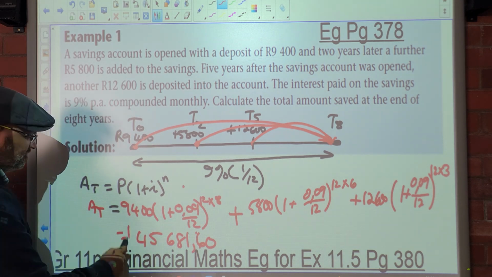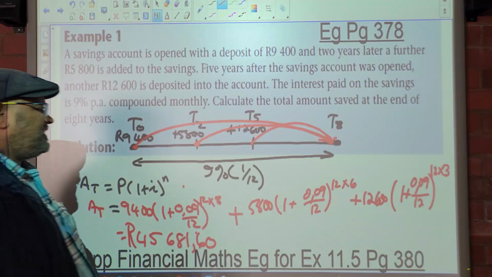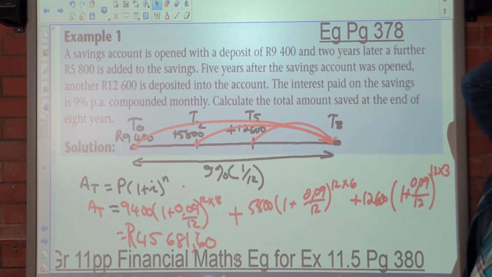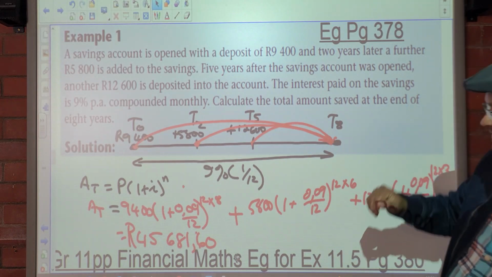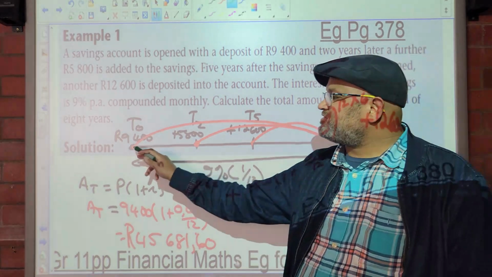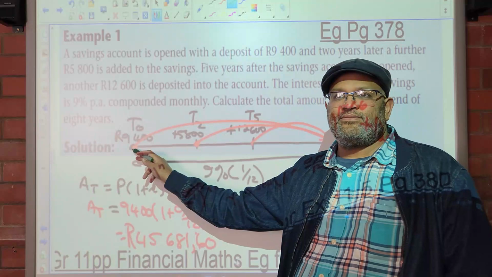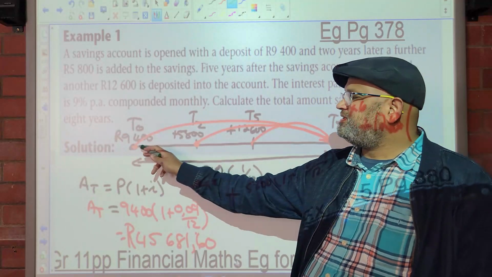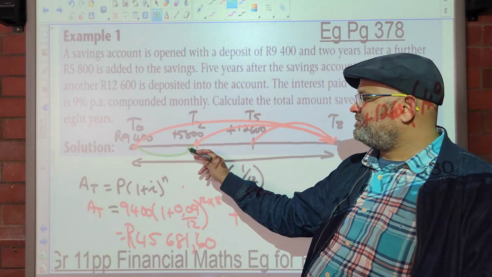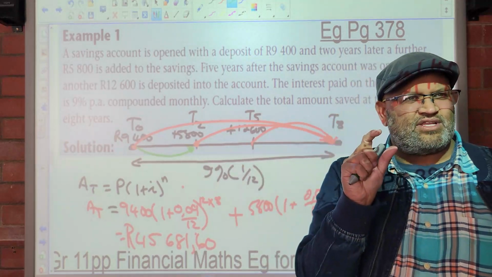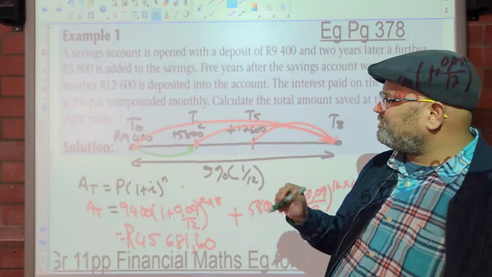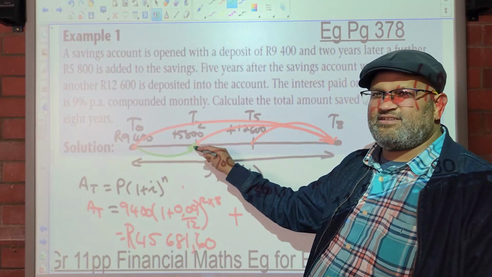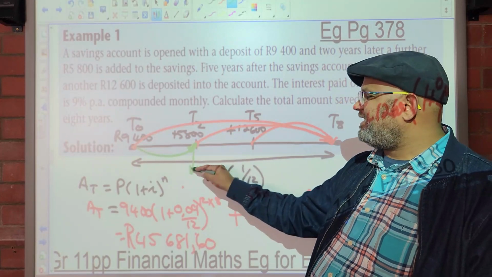Alright. People, any confusion here? Otherwise, as I said, how would we have addressed it with the other method? We would have said 9,400 rand into (1 plus 0,09 over 12) to the exponent 12 times 2. Then I would have worked that calculation out and added 5,800 rand, which now becomes your p-value at that point.